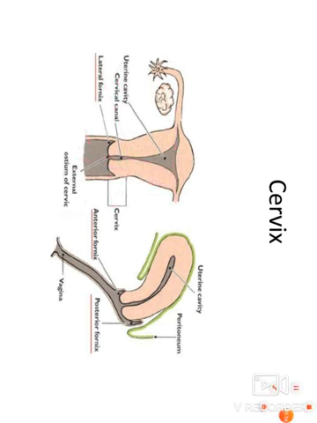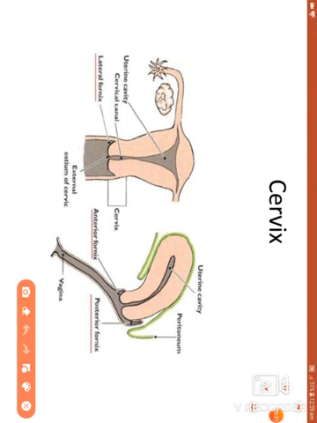See again the cervix, it is projecting into the vagina. The part that projects into the vagina is the vaginal part of the cervix. The part above that is the supravaginal part. So there are two parts: the supravaginal part and the vaginal part of the cervix.